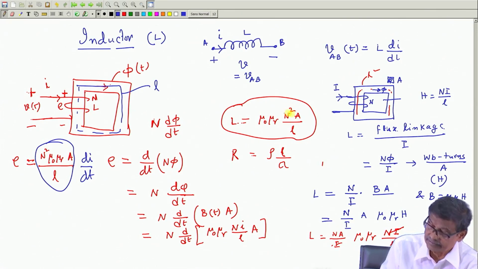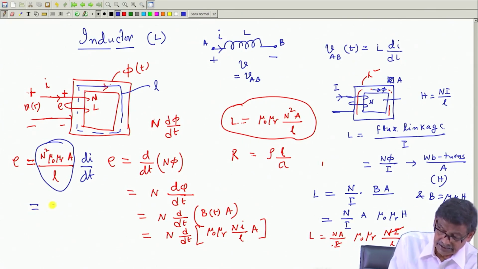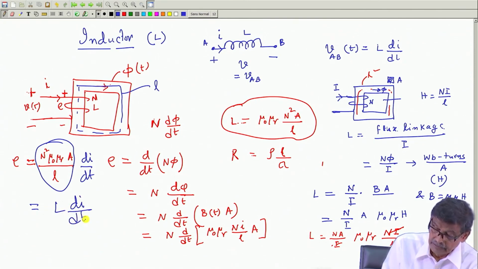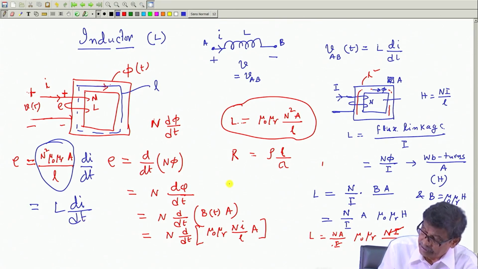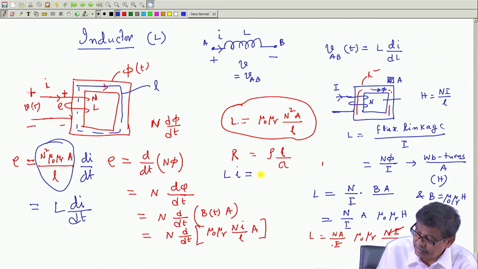So we write it as L dI/dt. Mind you that L into I, this quantity, is the instantaneous flux linkage with the coil.